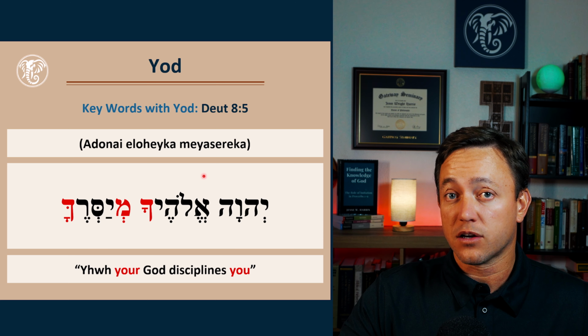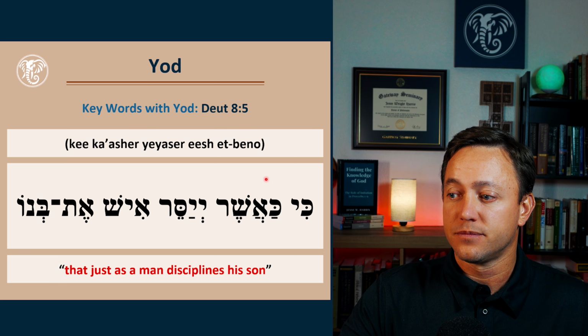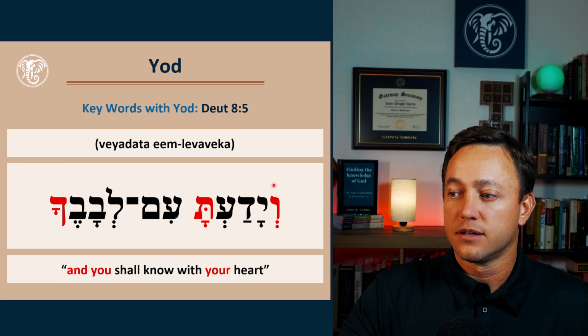So what's he making a comparison here to? He's saying, know in your heart, and he says, and know with your heart, right? Know in the deepest part of your being that the Lord, just as a man disciplines his son, the Lord, your God, disciplines you.